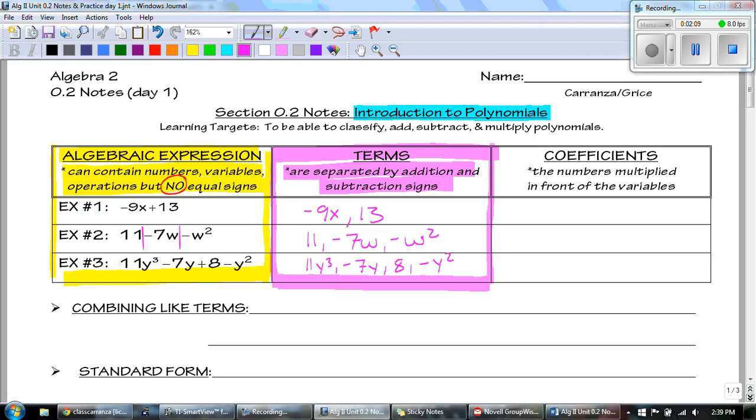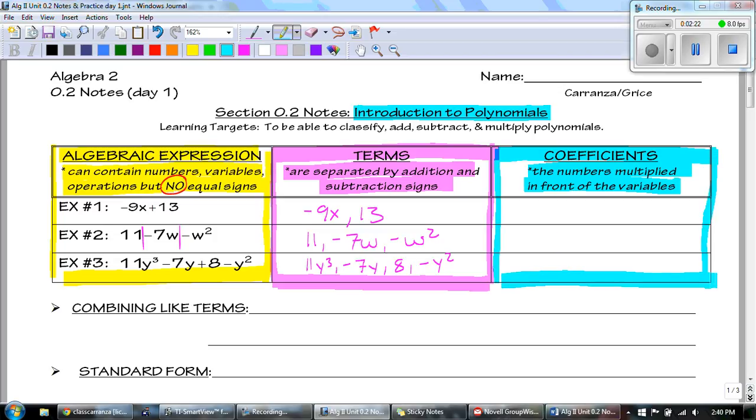So we've talked about the terms. Now the last thing we're going to talk about are the coefficients. Those are the numbers multiplied in front of the variable. Only if there's a variable is there a coefficient.